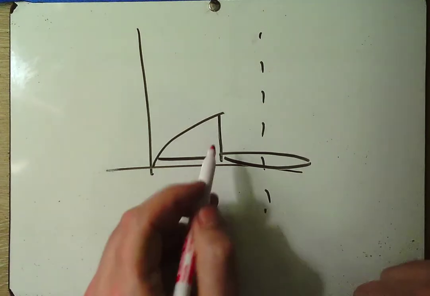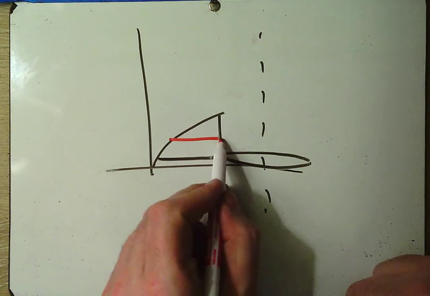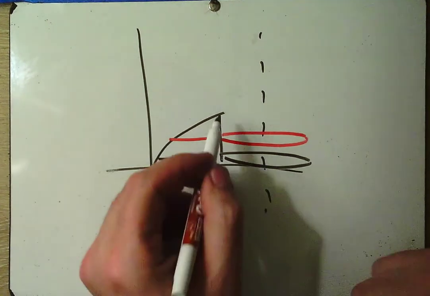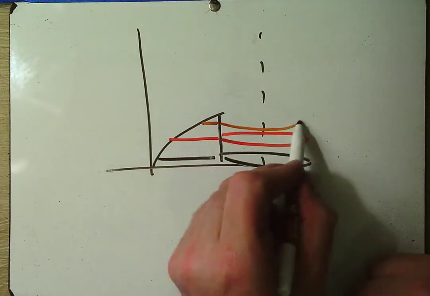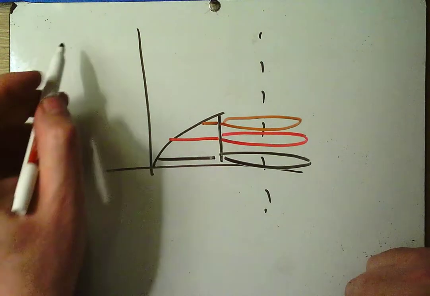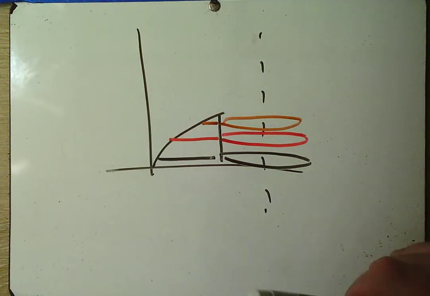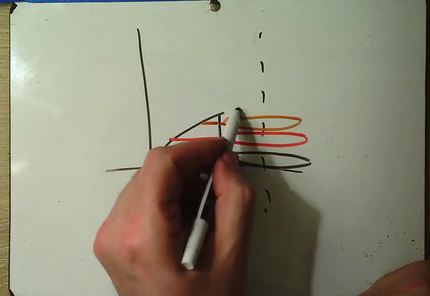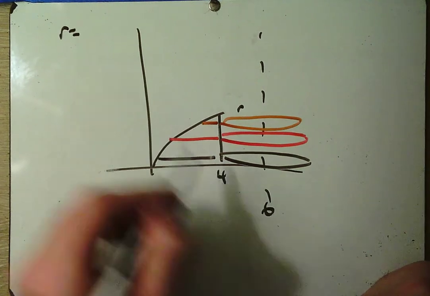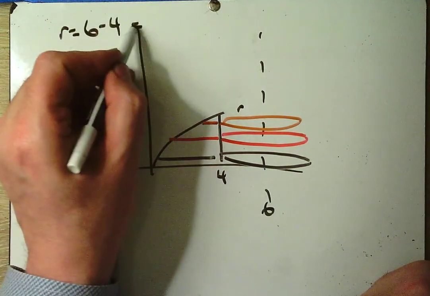But if I drew this, this would be my little radius. And if I drew this, this would be my little radius. What do you notice? It looks like the little radius is a constant, and that constant is 6 minus 4, or 2.